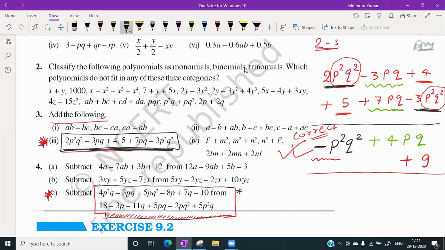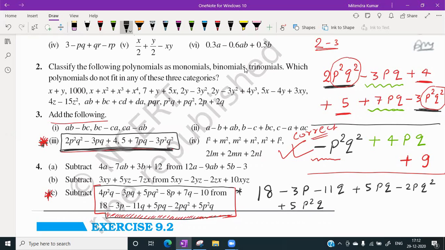Next, from this you have to subtract this from this. So okay, you have to write like this: 18 minus 3p minus 11q plus 5pq minus 2pq square plus 5p square q.